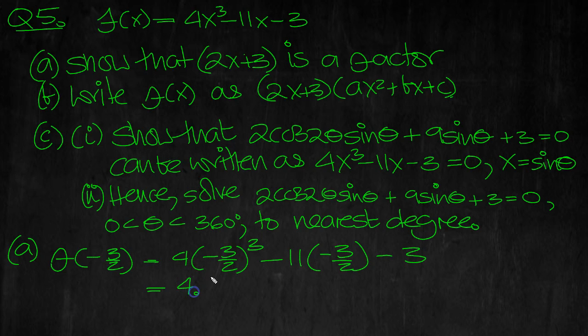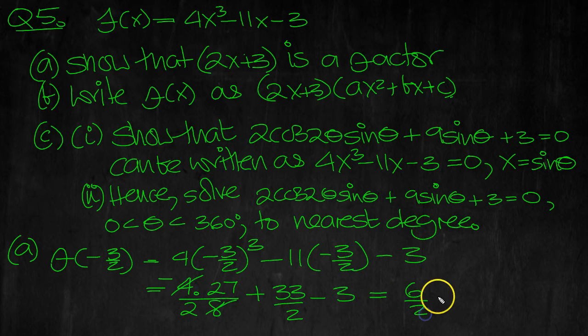Which is 4 times, minus cubed is a minus, 3 cubed is 27, over 2 cubed is 8, minus times minus is a plus, 11 3s are 33 over 2, minus 3. The 8 and the 4 go into 8 twice with a minus. So it's minus 27 over 2 plus 33 over 2, which is 6 over 2. Take away the 3 equals 0. So that's what we've got there then.